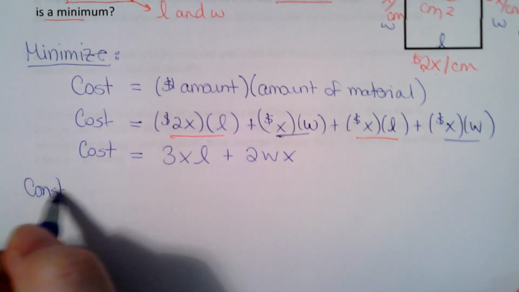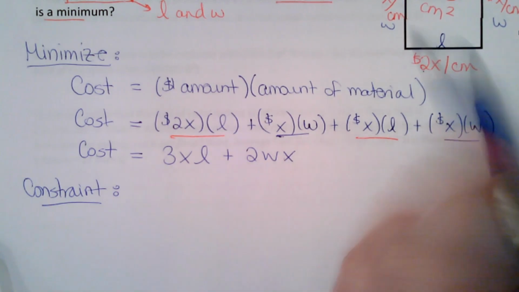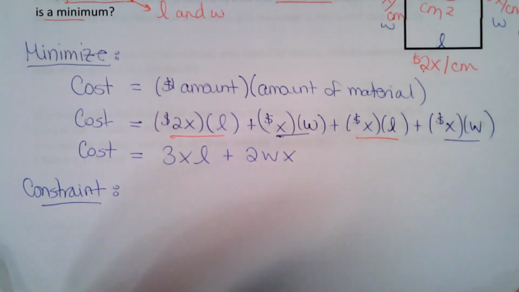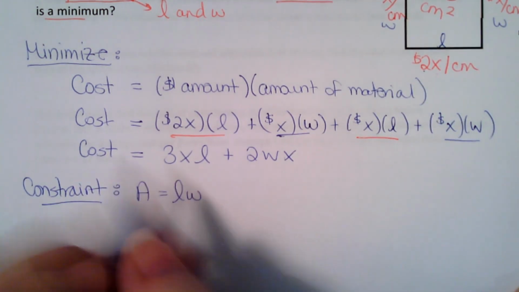Alright, well unfortunately we can't use the formula as it is, can we? We have length and width. Both could potentially change in order for us to minimize cost. They're both changing values. What else do I have? Well, I have a constraint.